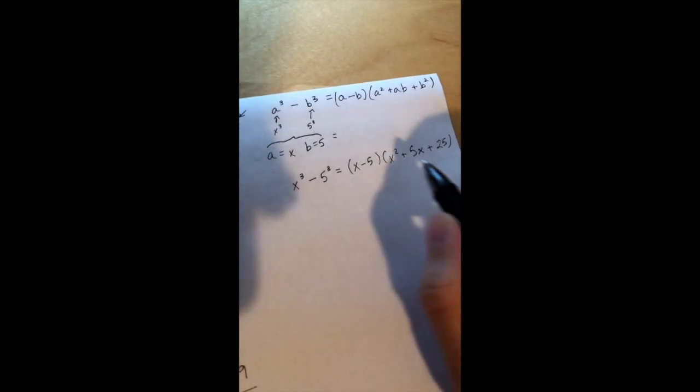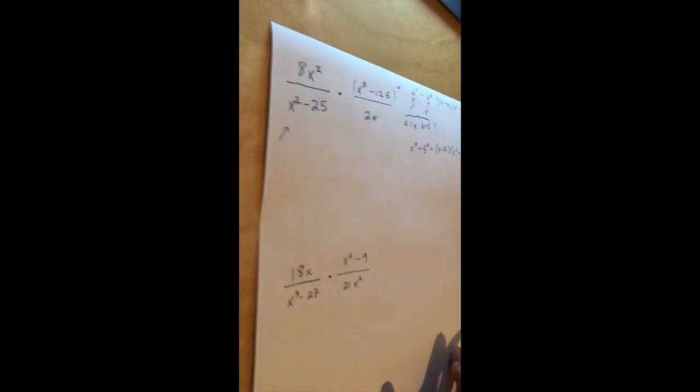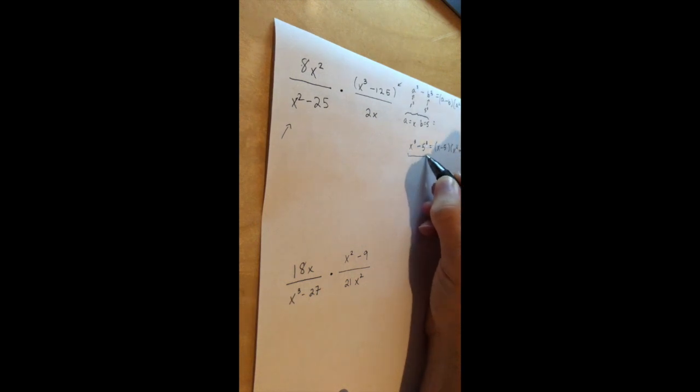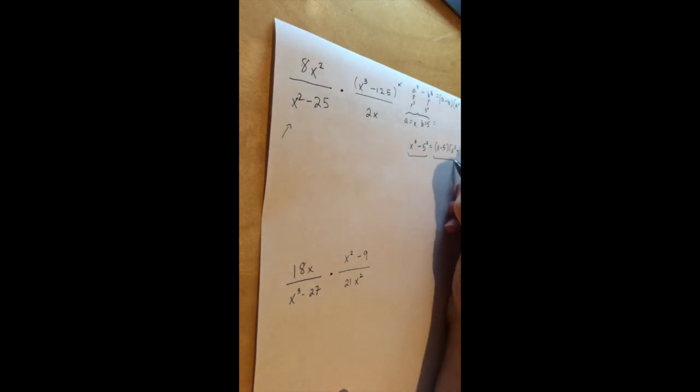So basically, this x cubed minus 125, we've factored it. It's the same thing as (x minus 5) times (x squared plus 5x plus 25).